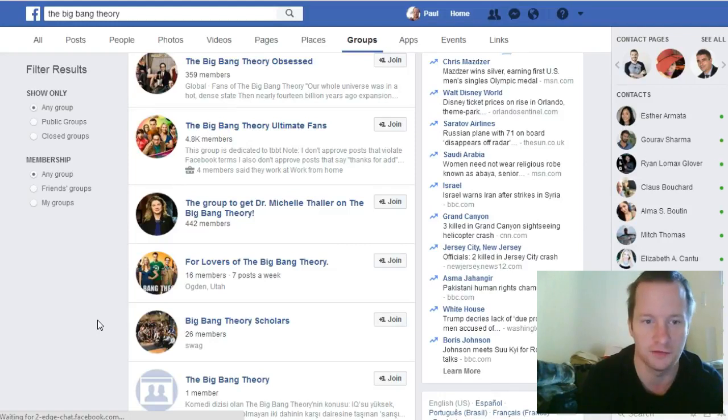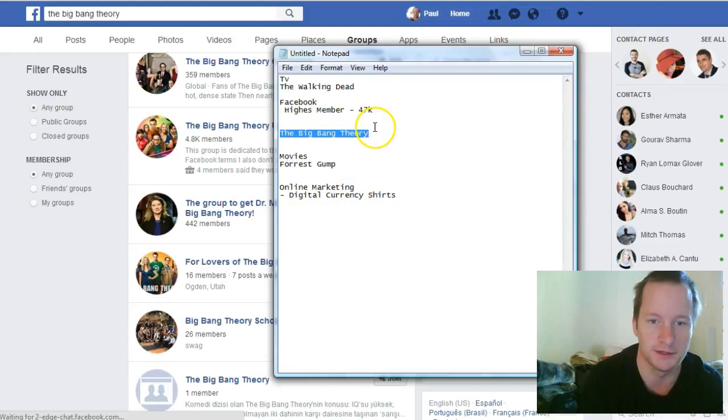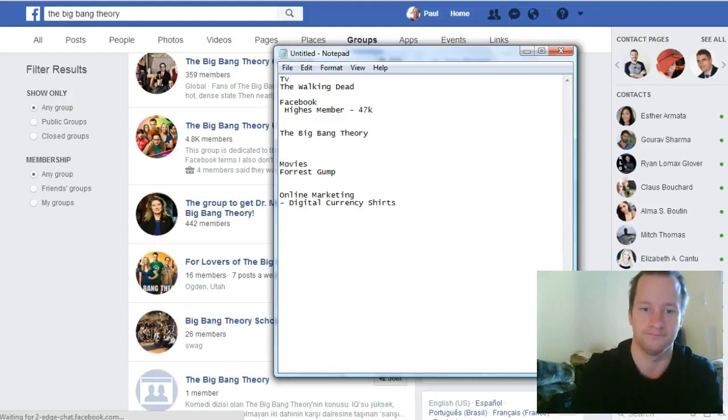So from what I can tell right here, the highest group for The Big Bang Theory is 55,000 members. So we got the highest group is 55K.